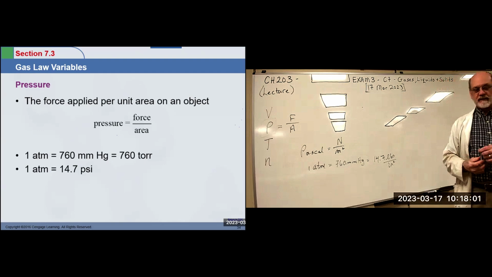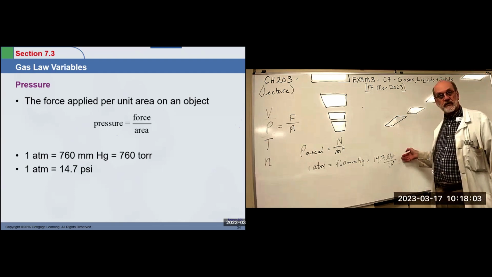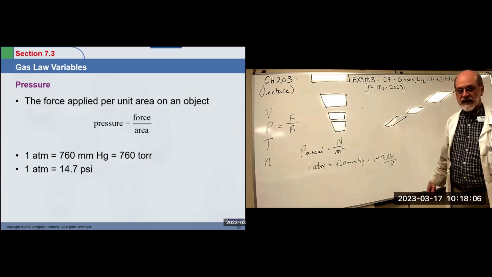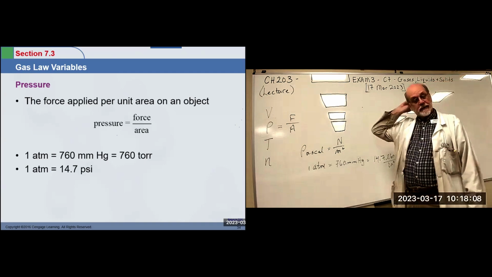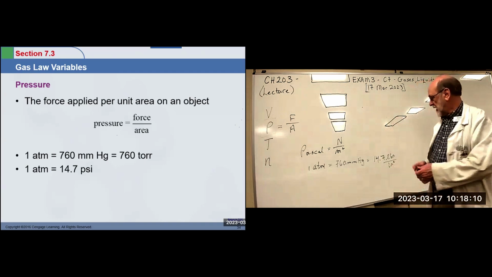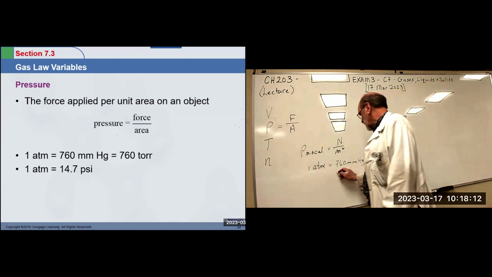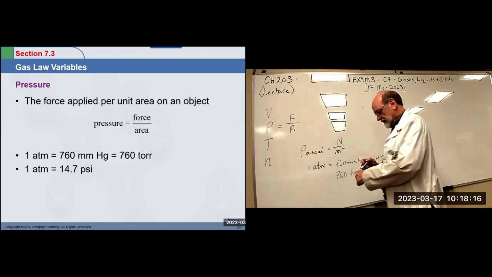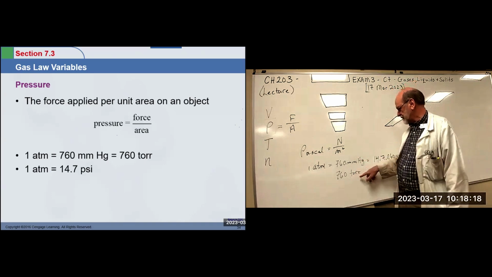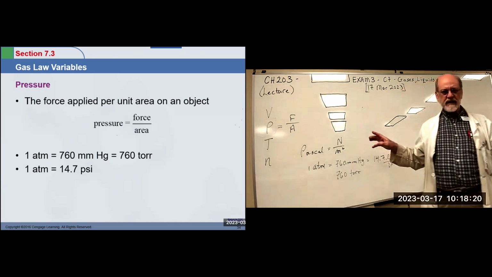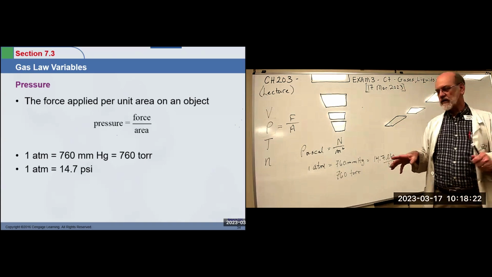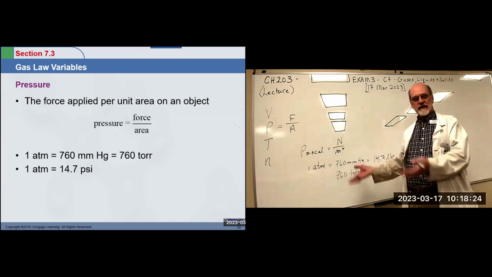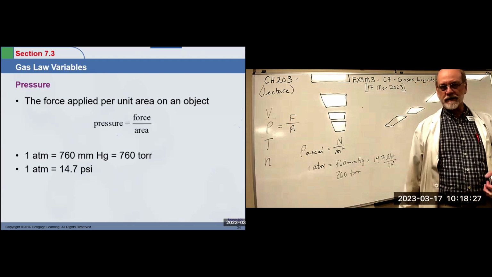This was the first one I ever learned in school: 14.7 pounds per square inch, 1 atmosphere. 760 millimeters of mercury is also 760 torr. And torr is a unit that was created to honor the inventor of the barometer, Torricelli.